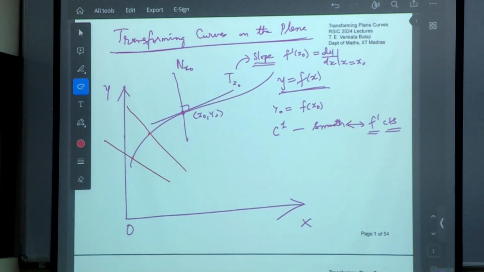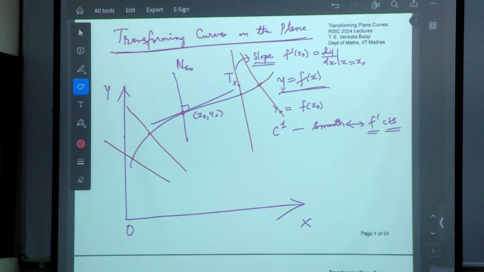Okay, you draw a normal at every point. So you do this, and then the question is what happens. After all, you are just drawing lots of lines. Is something going to come up?